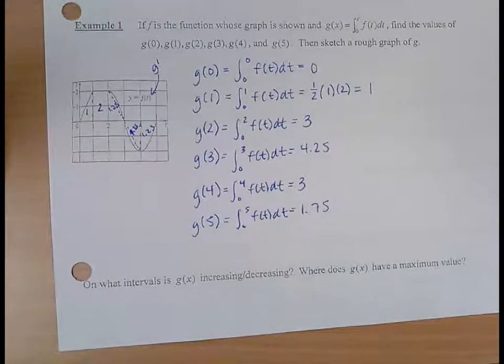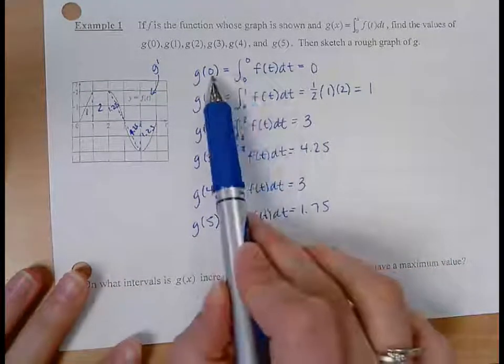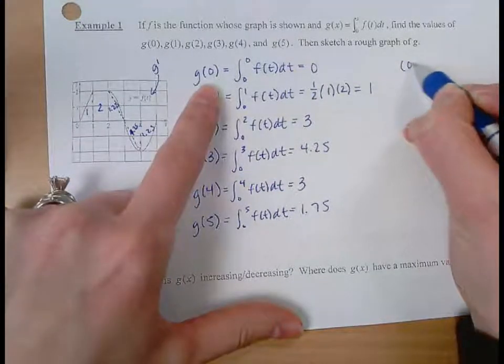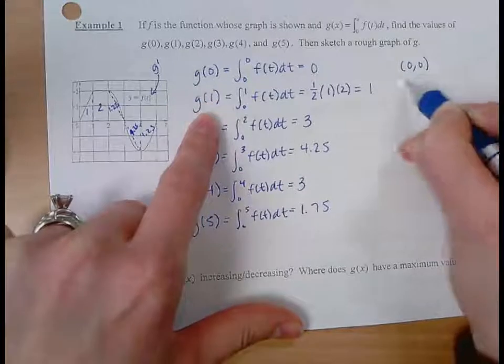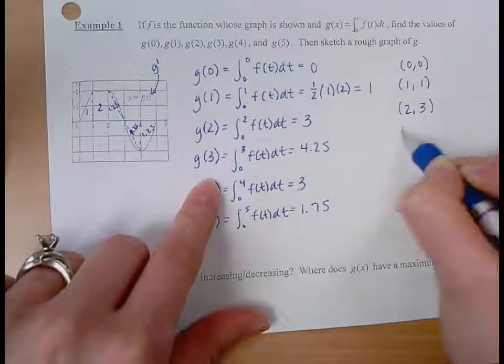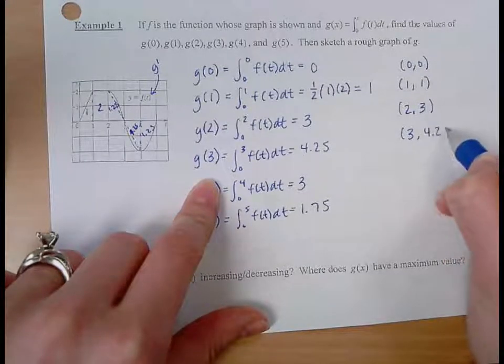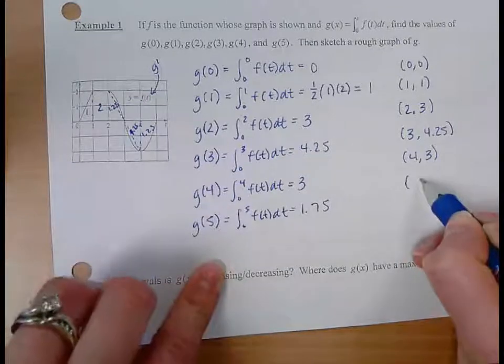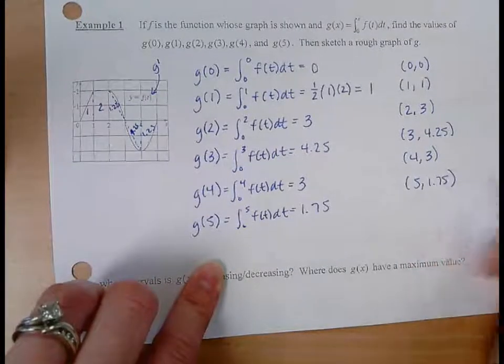Okay, so finding values is one thing. Any questions on that? Just using the area to find values. Then it did say to sketch a rough graph of g. So what you can do is use these as points. I know I have the point 0, 0 on the graph of g, the point 1, 1, the point 2, 3, and then approximately 3, 4.25, 4, 3, and 5, 1.75 approximately.